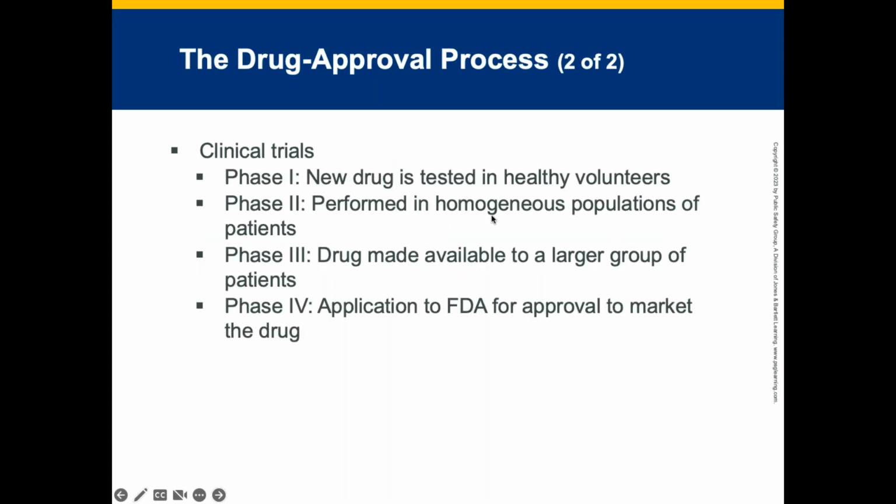There are different clinical trial phases. Phase 1: the new drug is tested in healthy volunteers to compare human data with those in animals. This determines safe dosages and assesses the safety of the medication. Once that is completed, it goes into phase 2, which is performed in homogeneous populations of patients, between 50 and 300 patients.